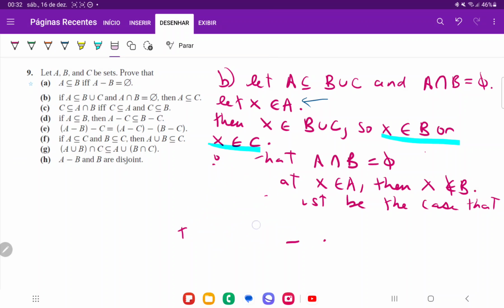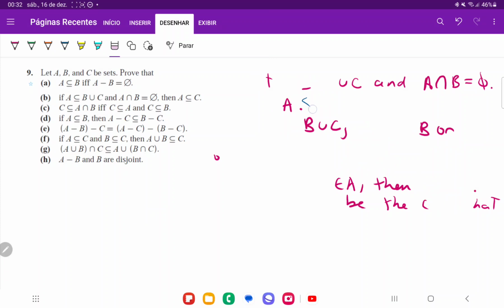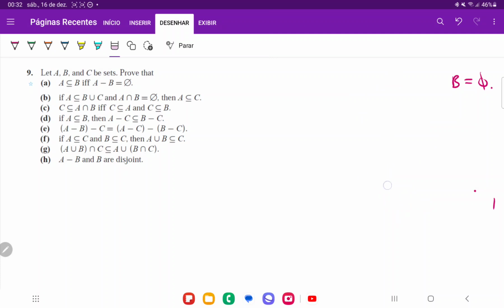For item C, this is a biconditional once more, so we are going to do a two-part proof. Let me erase this. So for item C, we're doing two parts. So part 1, we're going to assume that this thing is true.